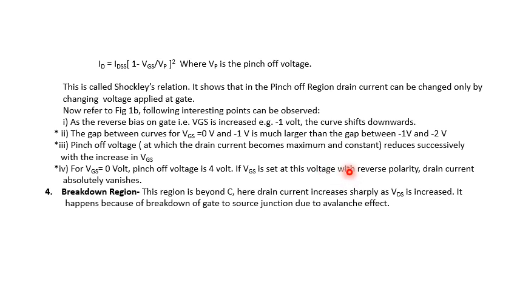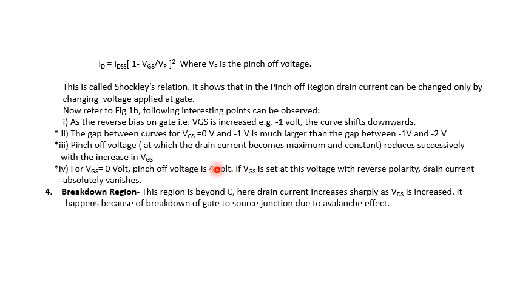One thing is worth noting here: if the pinch off voltage is 4 volt for VGS equal to 0, that is, if we have kept VGS at 0 and made VDS 4 volt, then the drain current becomes absolutely constant.